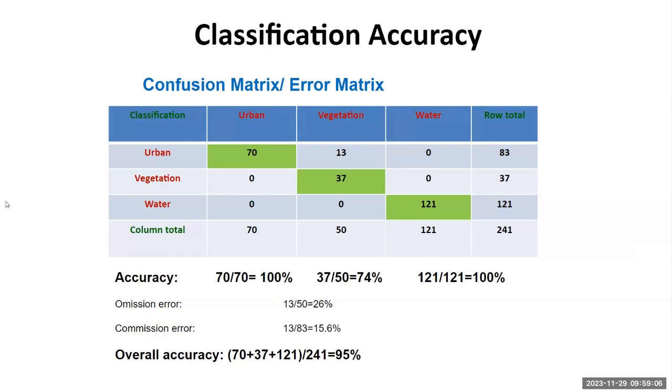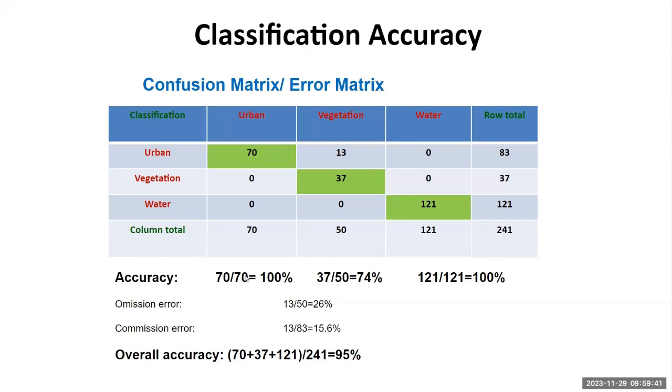We're again talking about a simple example with 3 classes: urban, vegetation, and water. In the columns, we have the true points. In the urban column, there are actually 70 ground points for urban, and in the image, all those 70 points are correctly identified as urban.